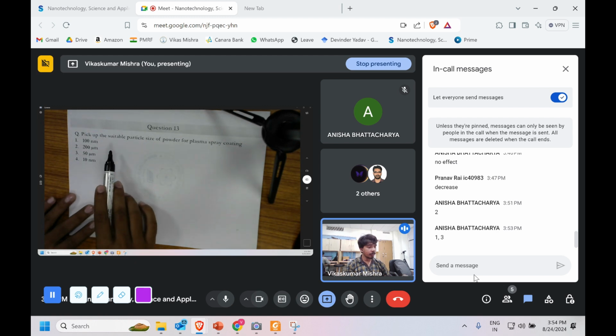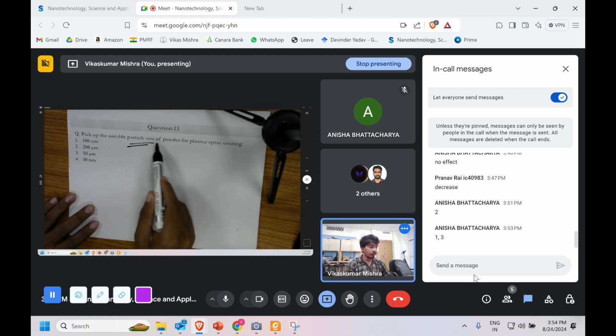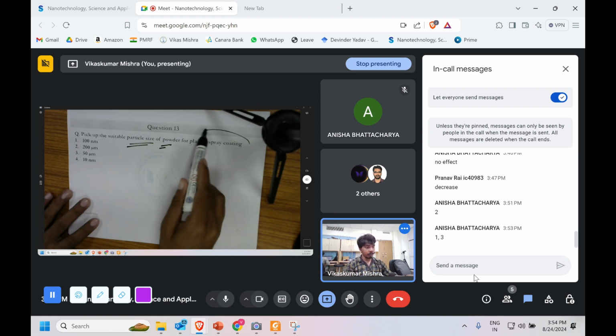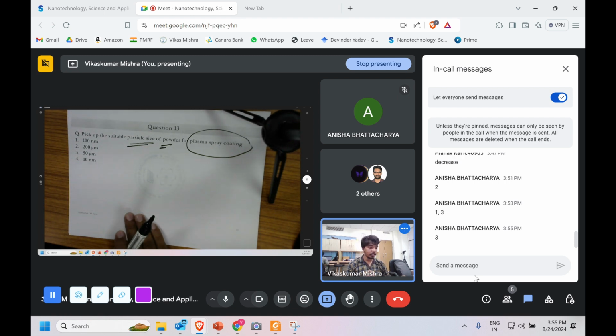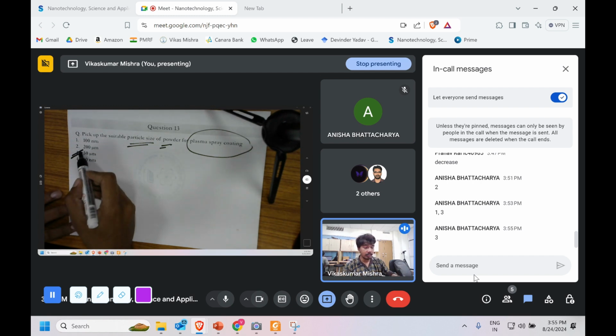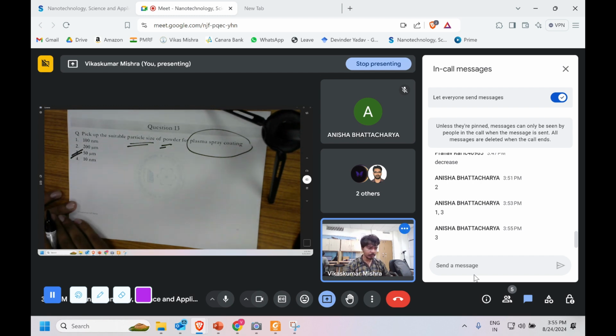Pick up the suitable particle size of powder for the plasma spray coating. So you want to perform plasma spray coating. Your professor has told you to go buy this particular powder, but he has not told you about the particle size. So which particle size will you prefer to buy? And he is telling it's option 3.